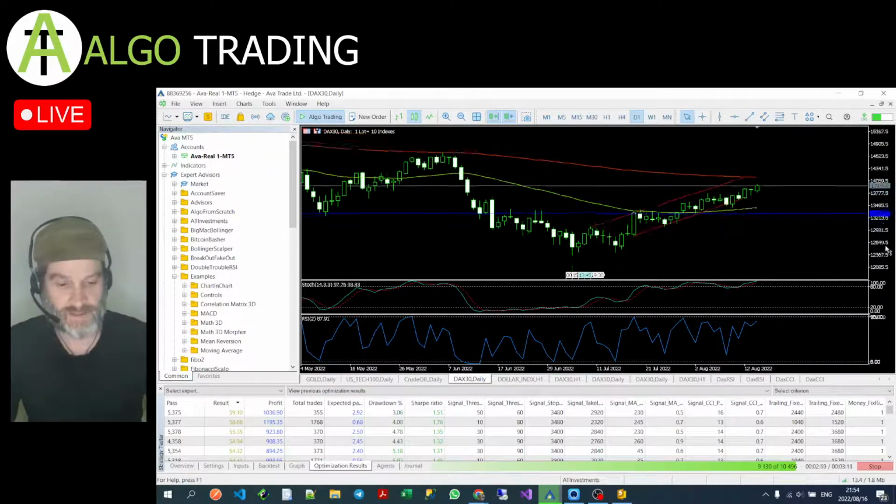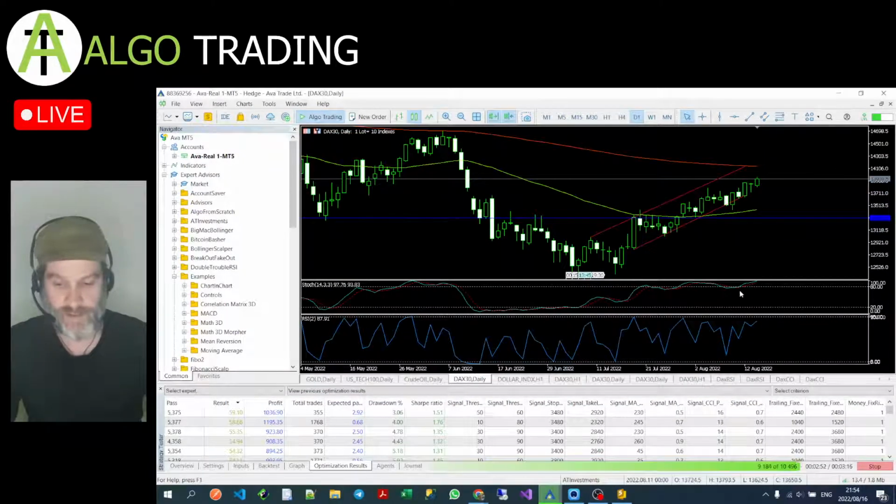DAX is also the same as NASDAQ. It's just in the middle of nowhere. RSI is high. It needs a retrace, a pullback. So what I'll do is, if the RSI 2 on the daily chart gets above 95, I'll look for a short, because the stock's already overbought on the daily chart.